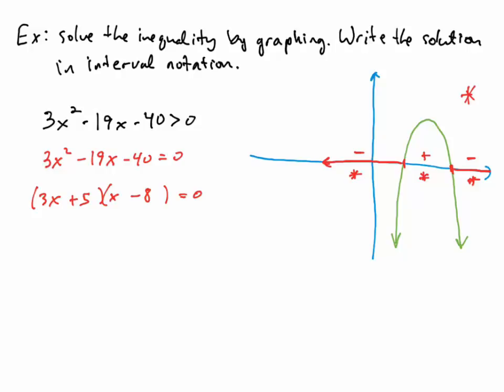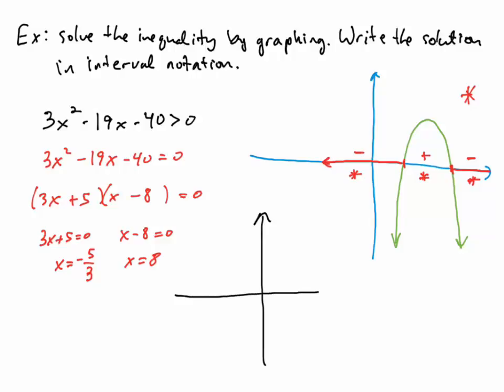So let's solve for x. 3x plus 5 equals 0, so x is going to be negative 5/3 here. And then x minus 8 is 0, so x is going to equal 8. So what this means is these are the x-intercepts of the parabola.